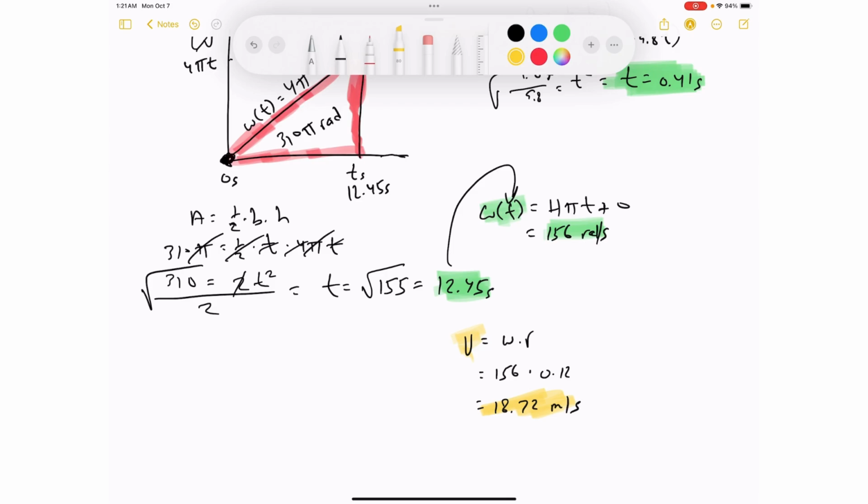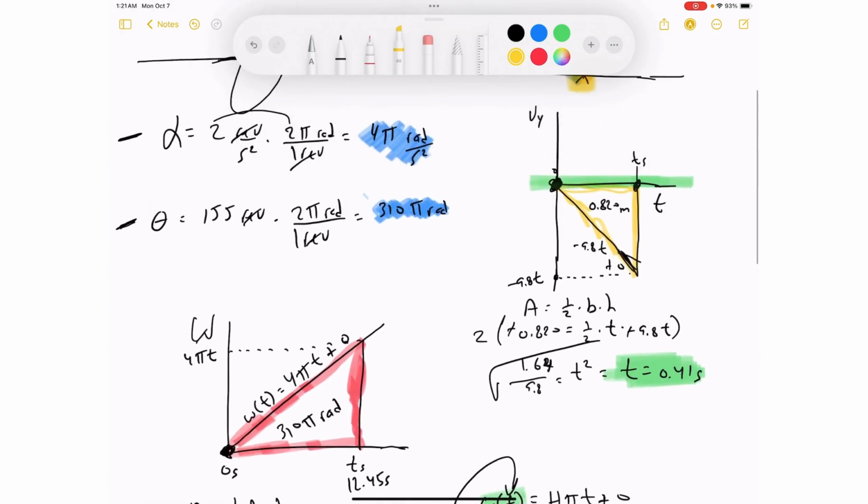And then the final piece of the puzzle is, how far did it go? I know its linear velocity is 18.72 meters per second. And do I know how long it went? Yeah, because we calculated it right here when it dropped down, we used gravity. It took 0.41 seconds to hit the ground. That's how long it was in the air, detached from the mothership.